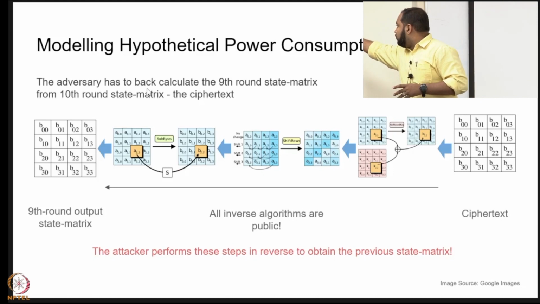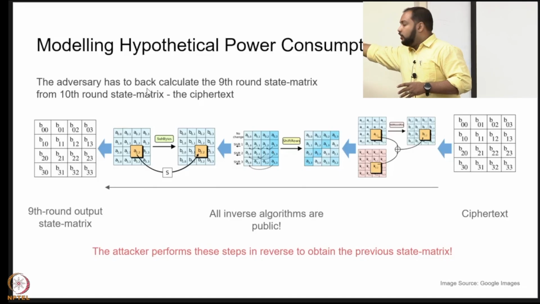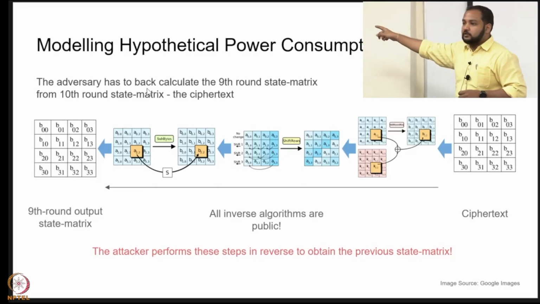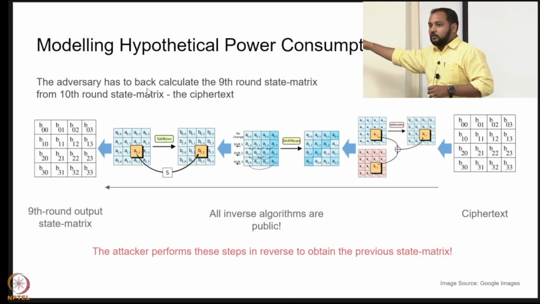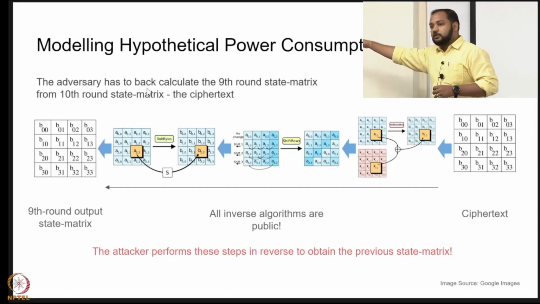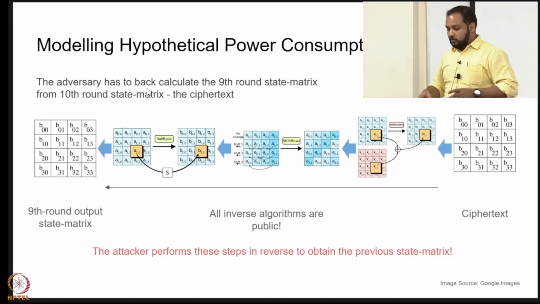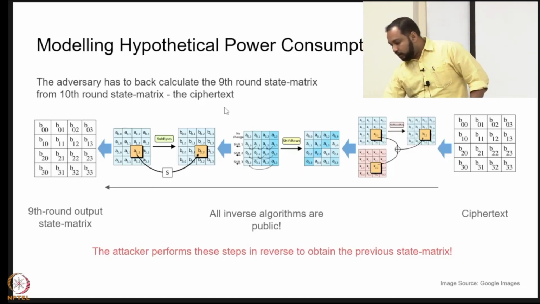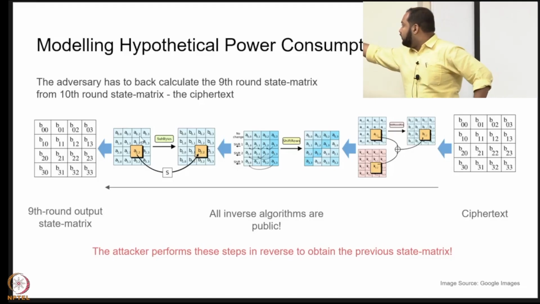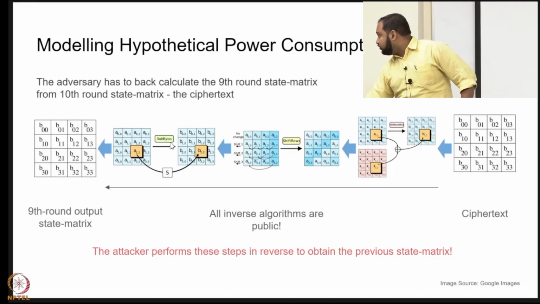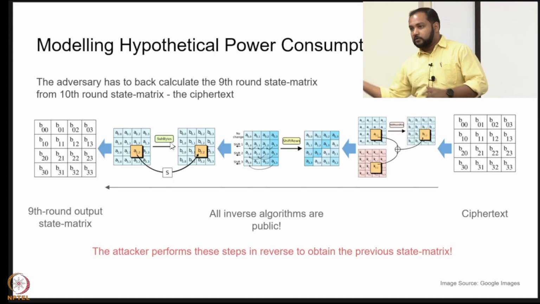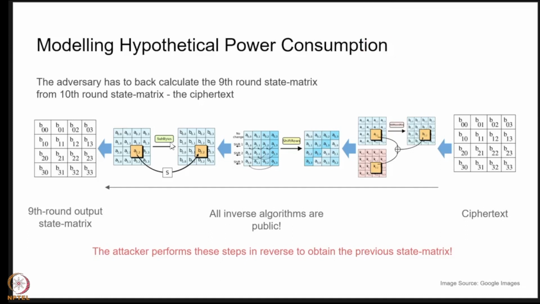Suppose this B00 is the direct output of the first row of the shift row operation. The first row of the shift row operation does not go through any shifting, so you do not need to perform the inverse shift row operation there. Then you go back to the inverse S-box, the substitution box operation, and then finally you end up with the ninth round output.